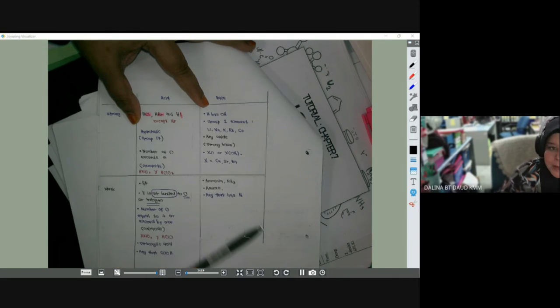Ada siapa-siapa nak tanya? Miss? Ya. What about HCN? Hari tu saya ajar HCN. Saya kata apa?